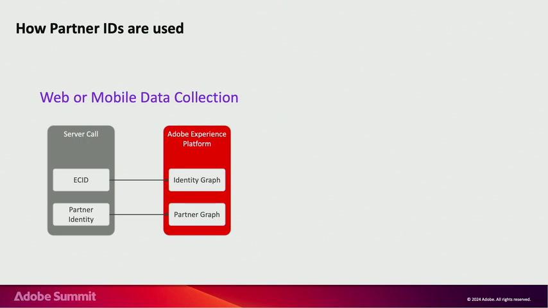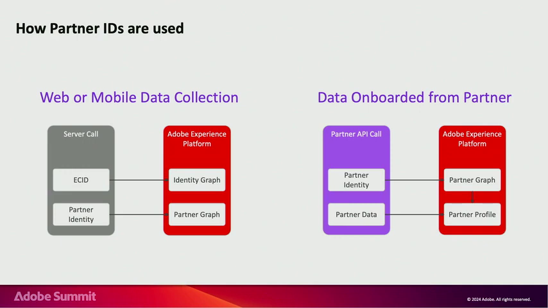Absolutely. The second way that you can get partner data into the Adobe ecosystem is direct from the partner. This partner can take information, either a customer ID, but generally it's a partner ID. You bring that into Adobe Experience Platform. Again, the partner ID updates the partner identity graph. And then you can also append additional data about that particular person or device, or however your contract with your partner works.